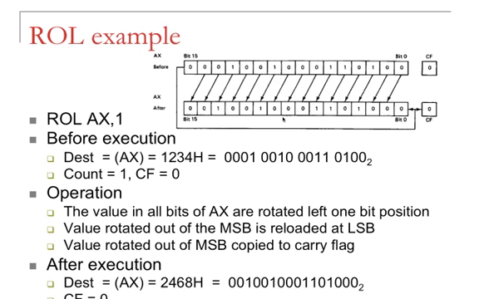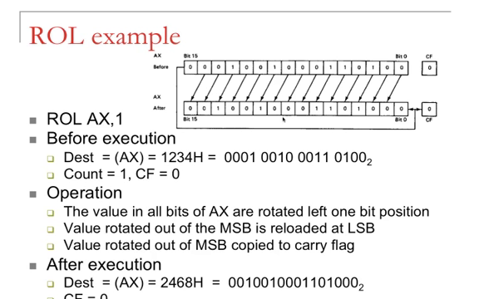Let's start with this ROL example, rotate to the left. And we use ROL AX, 1. So the destination operand is AX. The amount of shift is 1. Let's assume that before the execution of this instruction, we have 1234 in AX, and we can easily represent the number in binary.